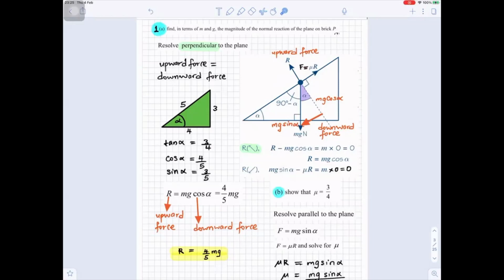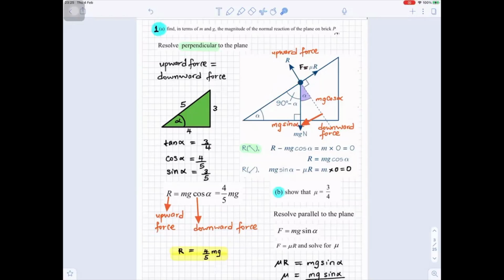Part B, show that mu is 3 over 4. Mu is the coefficient of friction. When you resolve parallel to the plane, the force pulling it up, the frictional force stopping it from sliding down, is equal to the force trying to get it to slide down, which is due to the weight.